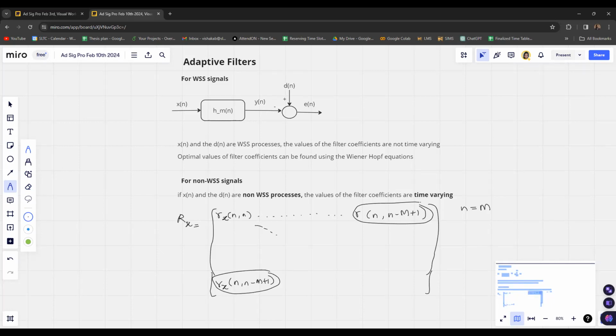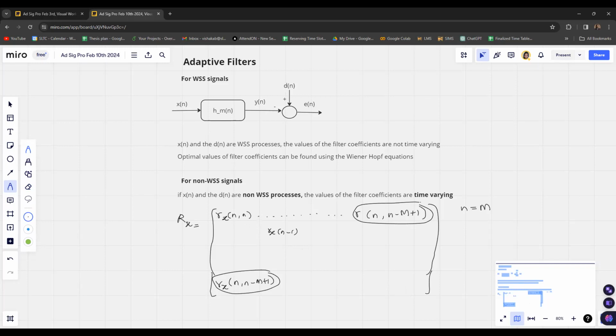Along the diagonal, you will have the same values. So this will be Rxx. I mean, same values means the values related to the diagonal will be there, so the index of the signal considered will be the same.